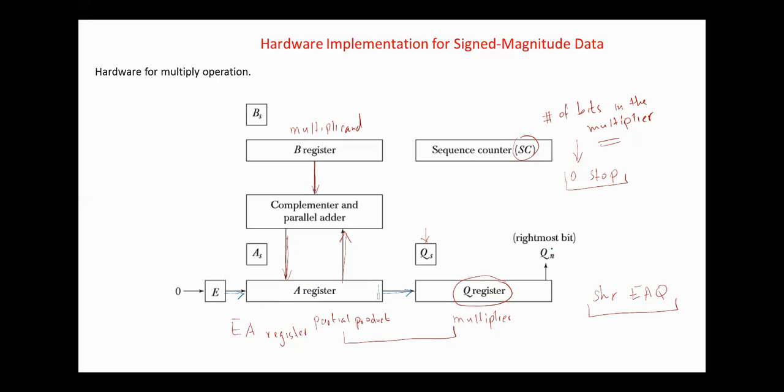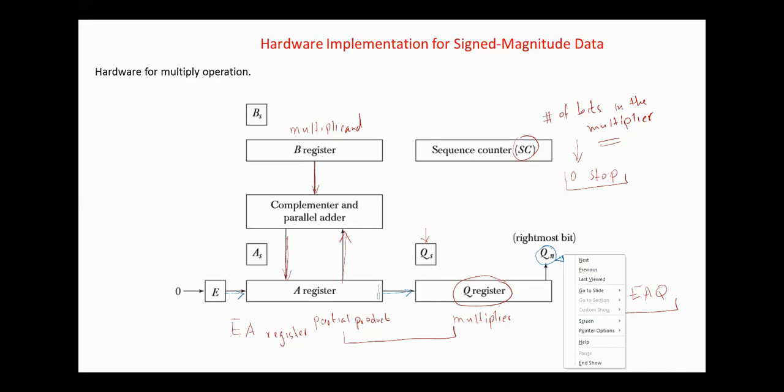and on the next stage, the least significant bit in the Q register, denoted by QN here, is inspected. If it is 1, we add the content of register B to register A and perform the shift.